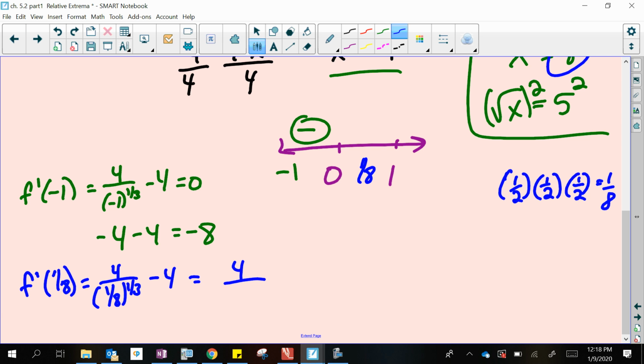Well, the cube root of 8 is 2, so the cube root of 1/8 is 1/2. 4 divided by 1/2 is what? 8, right? Because you take the 4 times 2 over 1. Are you all with me here? Stop me if you have questions.